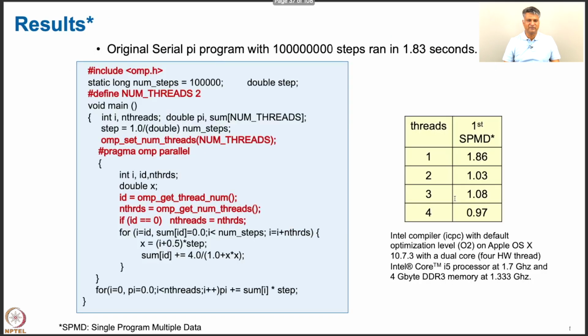Now, if you go back to the previous code, you can see that the array sum is actually shared by all the threads. For example, if this was 2 threads, sum would be of length 2. If there were 4 threads, sum would be of length 4. But this array sum is global in scope and is shared by all the threads.